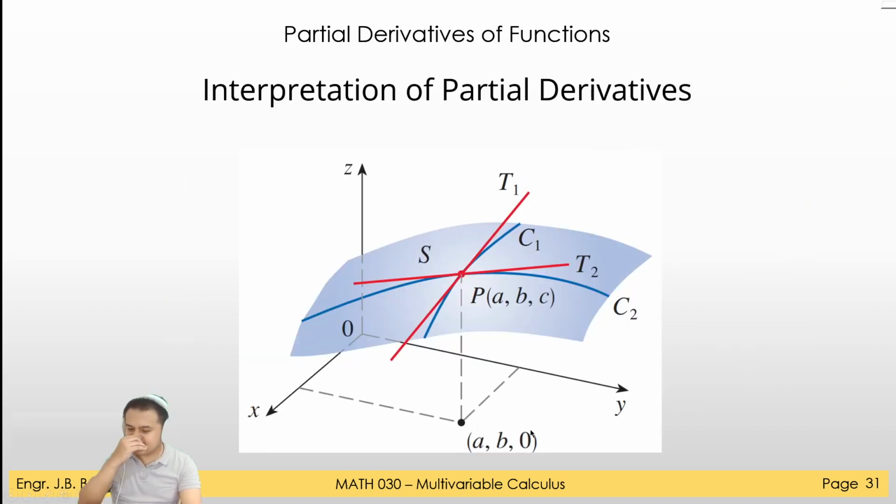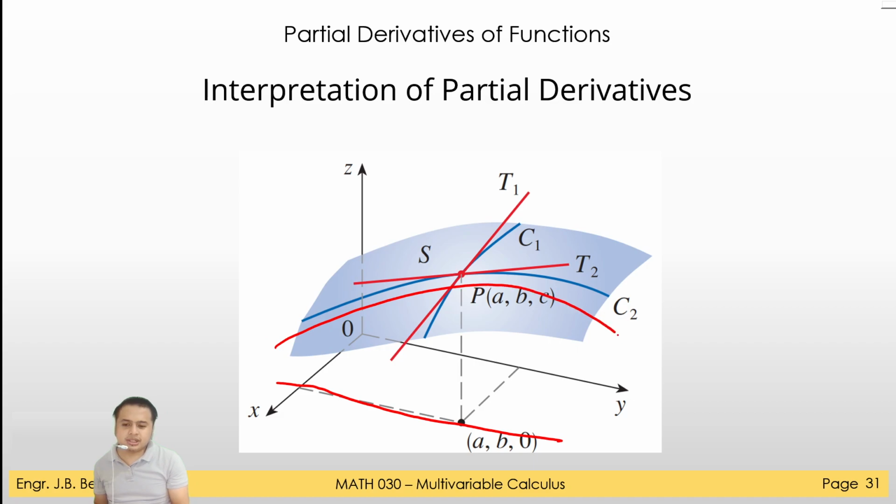Now, to visualize the interpretation of partial derivatives: when we say partial derivative, we assume that the other variable is held constant. So if you want to find the partial derivative with respect to y, we are assuming that the value of x is constant. Let's say this is the value of x that remains constant. Then you will have a curve that looks like just a two-dimensional curve.